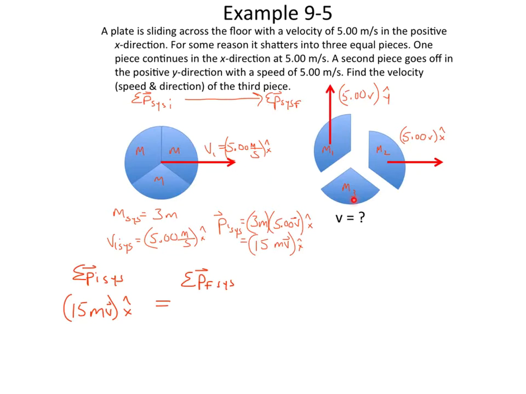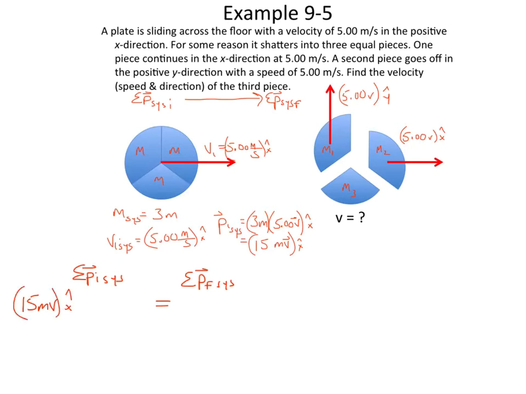I'm going to rewrite our net initial momentum as we're going to be a little more specific about it. All right. It is true that it is 15 mass times velocity units, 15 mv in the x hat.